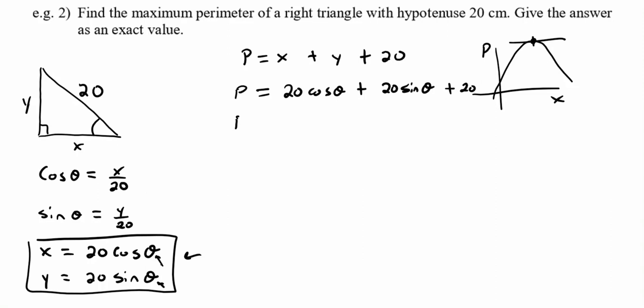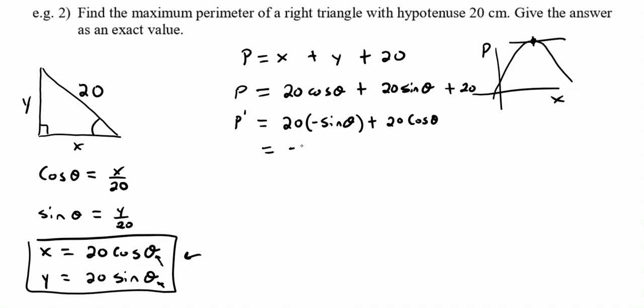So now we'll take the first derivative. This would be 20, and then instead of cos theta, this is going to be negative sine theta. And then 20, and then instead of sine theta, this is cos theta. And then plus 0, because I'll just leave that last part out.